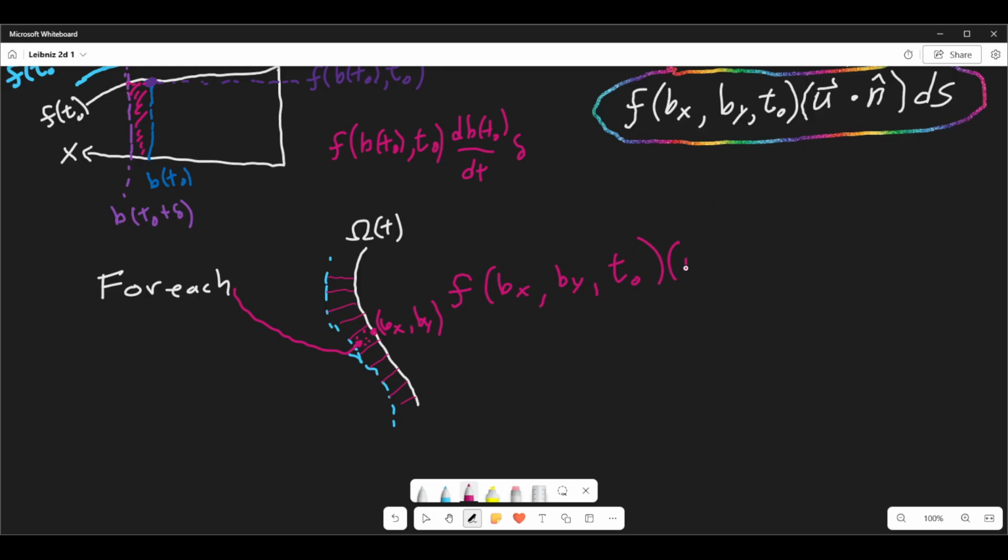And then u vector dot product n hat ds. So that's what's up here.